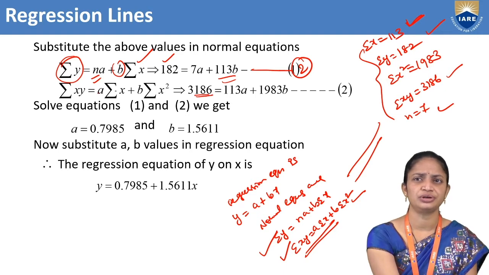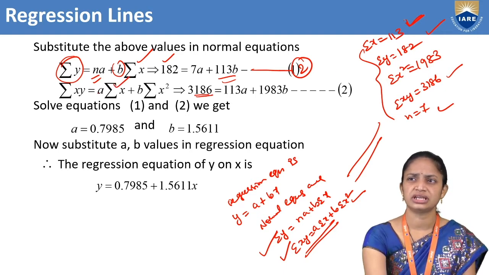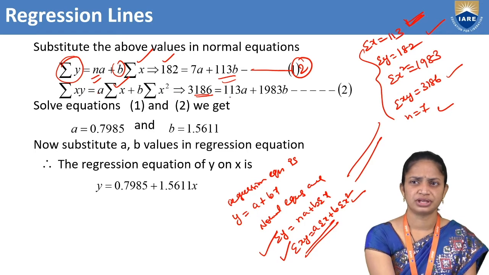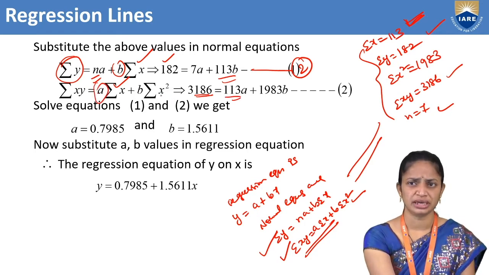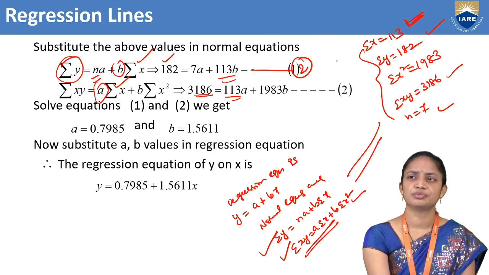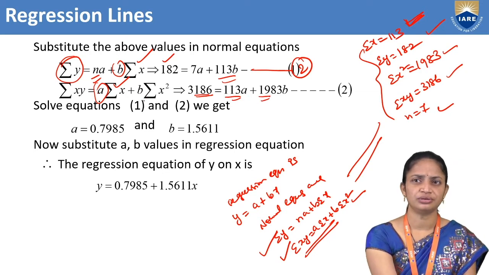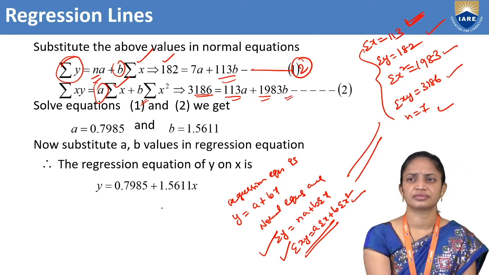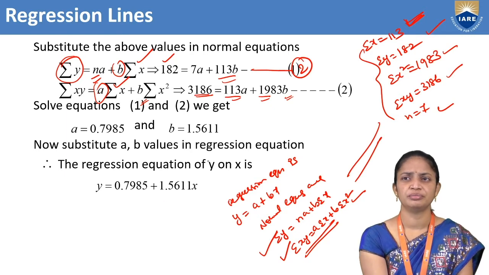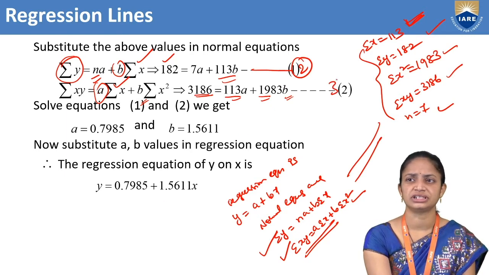Next, a into summation x, where summation x value is 113, so that is 113 into a. Next, plus b into summation x square, which is 1983, so 1983 into b. Let us consider that equation 3.